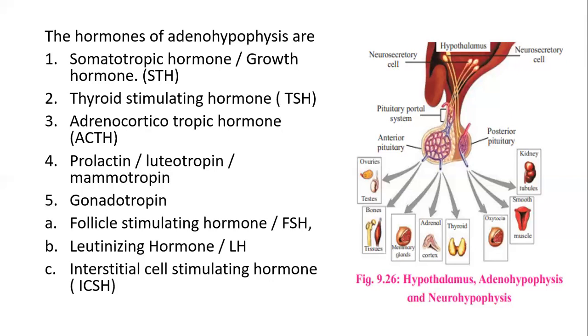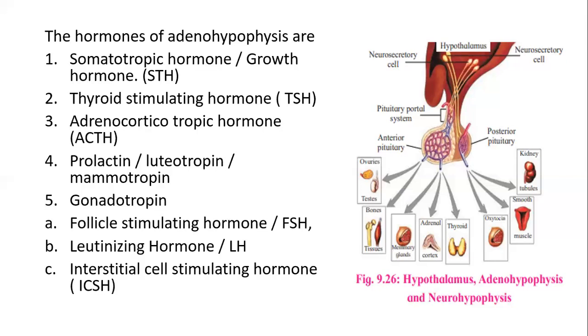Then the next, that is adrenocorticotropic hormone, known as ACTH. It stimulates the adrenal cortex to produce and secrete its hormone, and it maintains the functions of adrenal cortex.